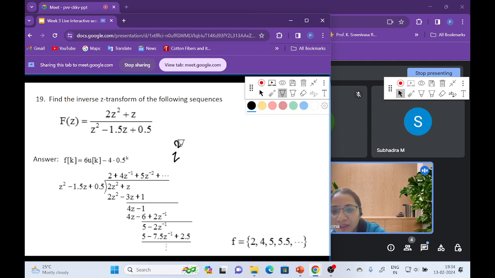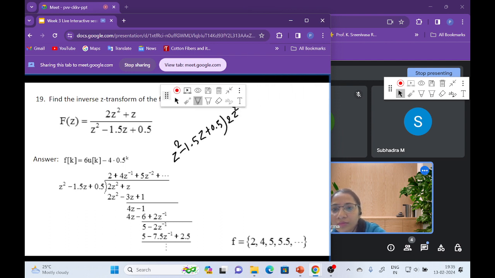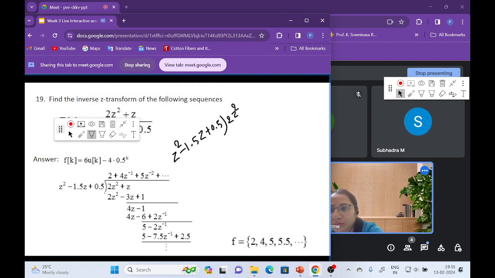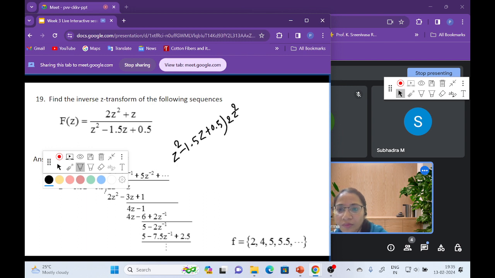So let's solve it here: z square minus 1.5z plus 0.5, and 2z square plus z.